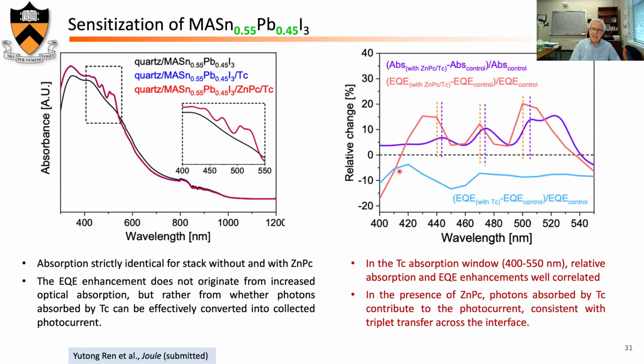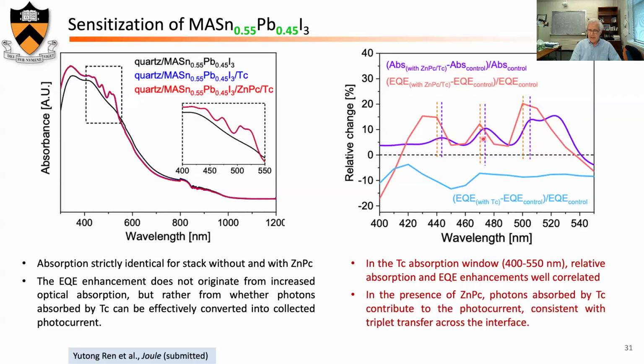And the other thing is that if you look at the absorption, this is the relative change of absorption: absorption in the material with zinc PC tetrazine versus none, divided by the control.